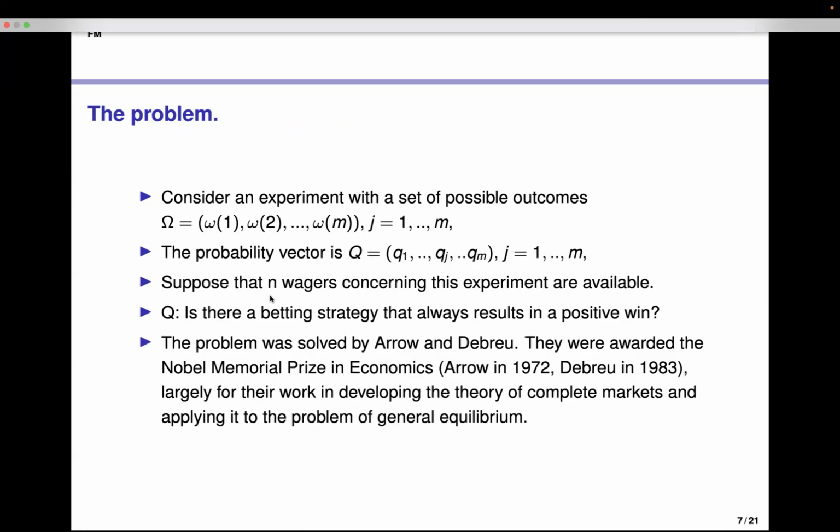Suppose that n wagers concerning this experiment are available. The question is as follows: is there a betting strategy that always results in a positive win? So what does it mean?